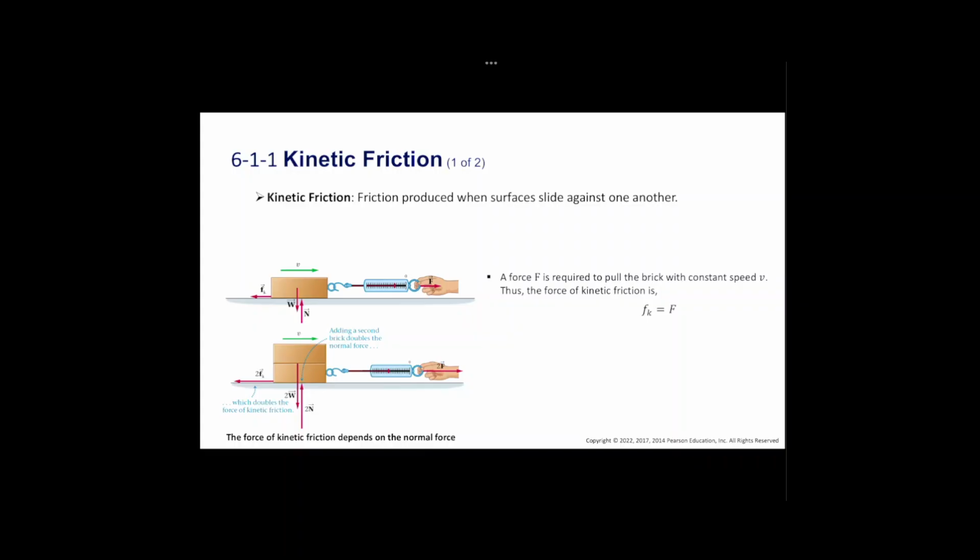So we need more force. So from this experiment we see that when we double the normal force, for example by stacking 2 bricks, the force of kinetic friction also doubles. So this force that opposes the motion we call kinetic friction.